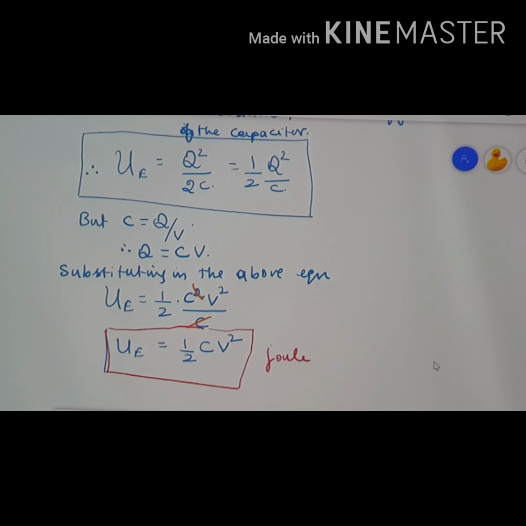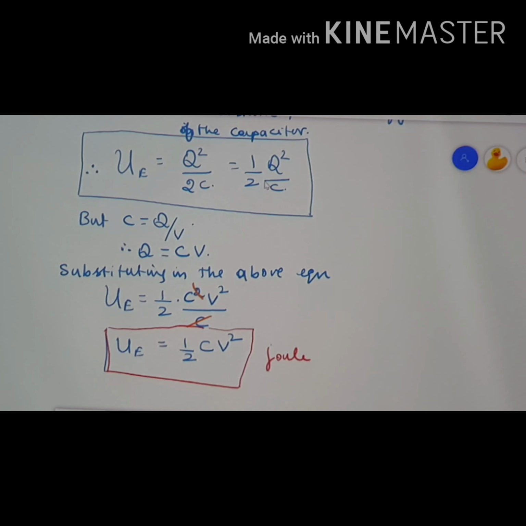From this, we are having two expressions. One is potential energy equal to half into Q square by C, or Q square divided by 2C. But here, potential energy is equal to half into CV square.